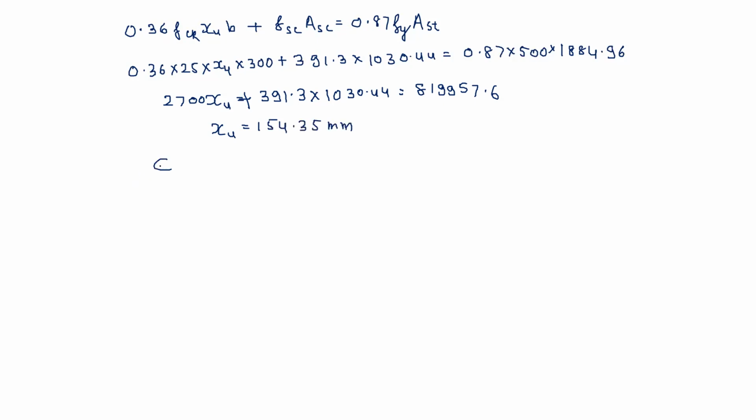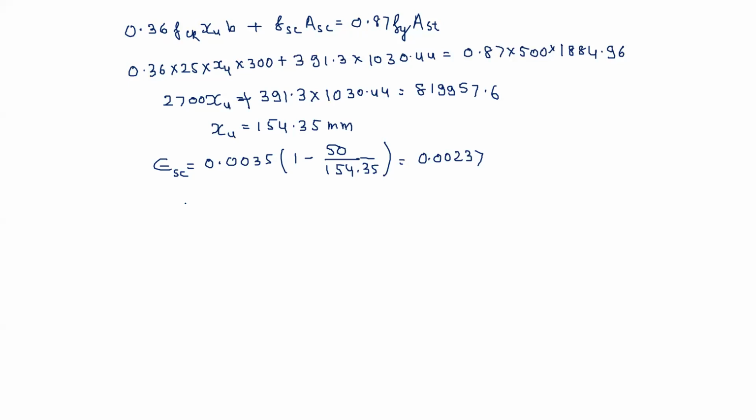Now find epsilon SC from this. So we have 0.0035 into (1 minus 50, which is DC, upon 154.35).